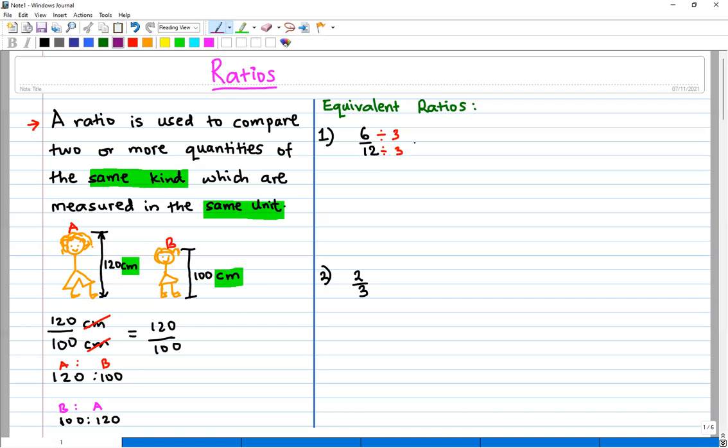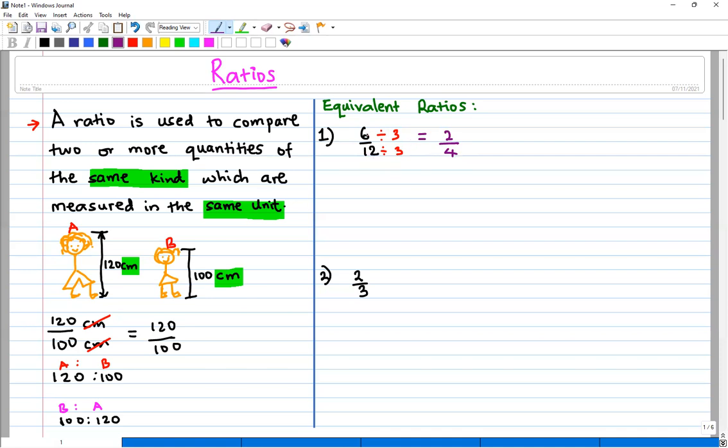Now, 6 divided by 3, we will get 2, and 12 divided by 3, we will get 4. Now you see that we are getting 2 out of 4.